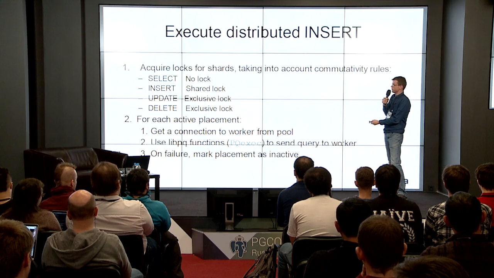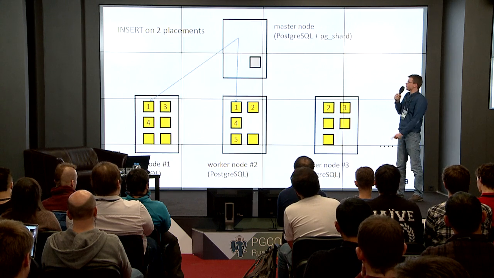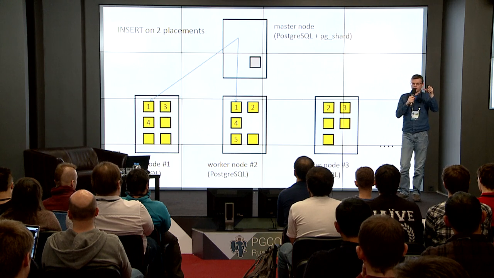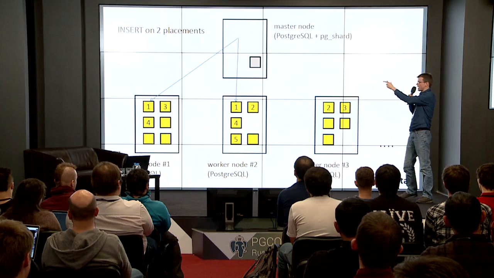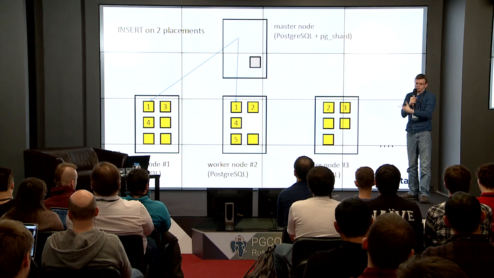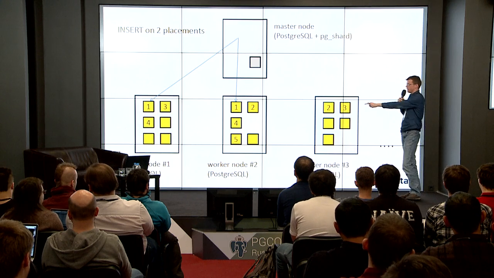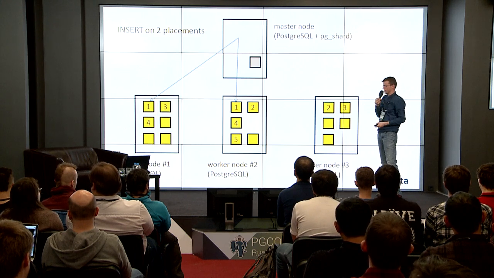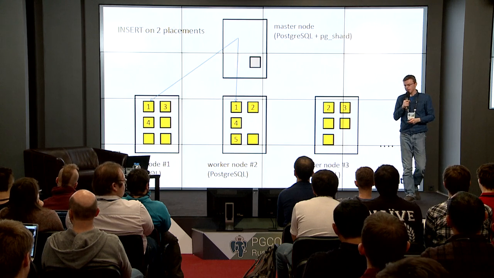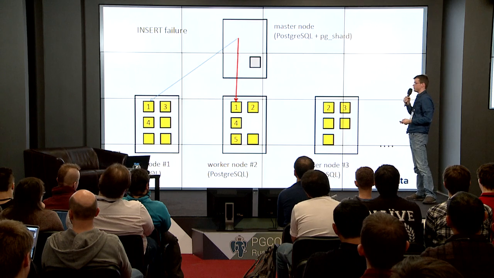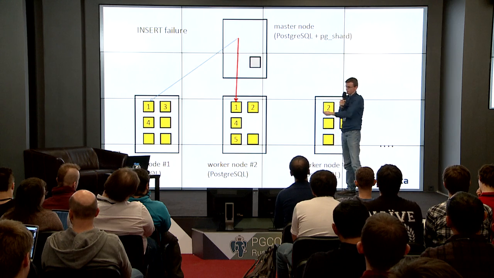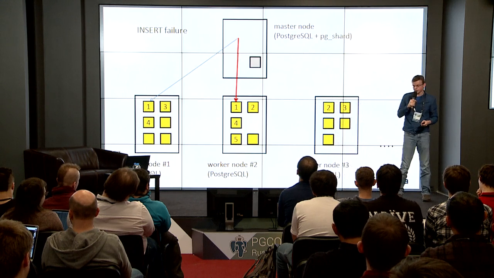So I'll show you this in a bit more detail. Normally, when the master node gets an insert on the distributed table, it will itself send 2 insert queries to the 2 worker nodes which store shard number 1 in this case, because the replication factor is 2. Normally this will go through fine. Sometimes an insert might fail. Now we have a slight problem, because we have one replica where the insert went through and another replica where the insert failed.